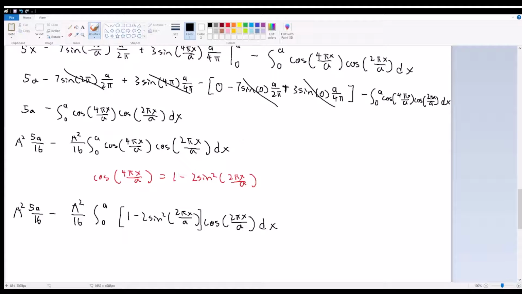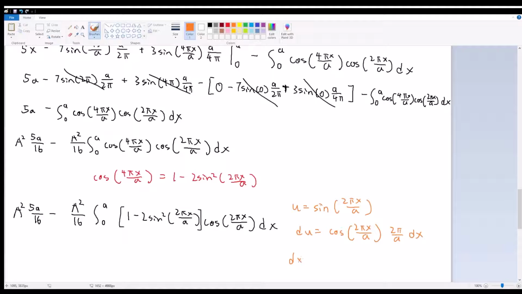And at this point, I can use u-substitution, because if I recognize that u is equal to sine of 2 pi x over a, then I can recognize that du is just equal to cosine 2 pi x over a multiplied by 2 pi over a, and add a dx here.